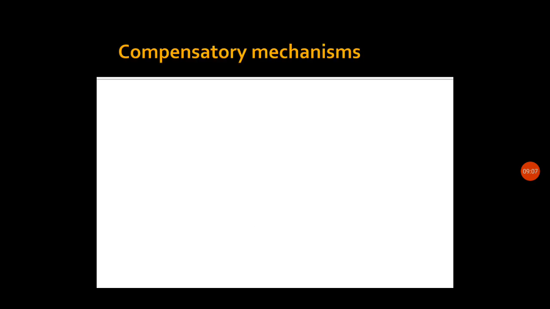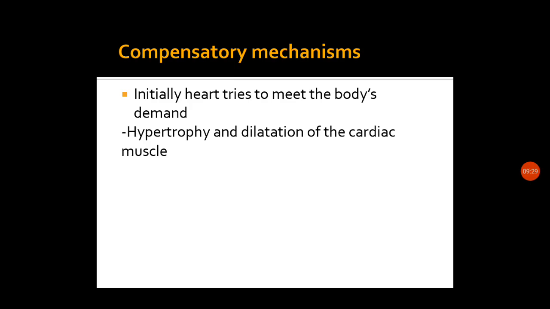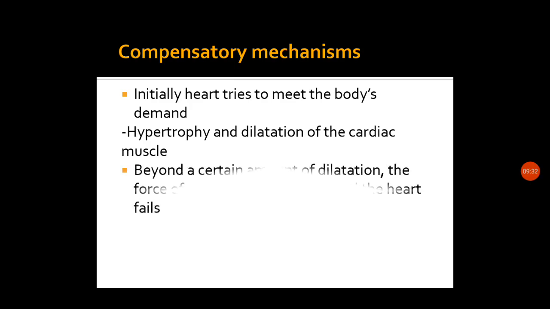So when a volume change is happening, an output change is happening, the body initiates compensatory mechanisms. That's actually the pathophysiological change that happens. Initially, the heart tries to meet the body's demands by working harder, like hypertrophy and dilatation of the cardiac muscle, and beyond a certain amount of dilatation, the force of contraction decreases and the heart fails.